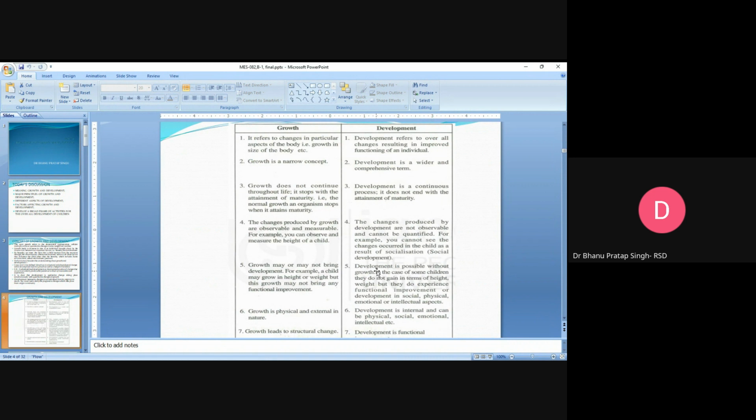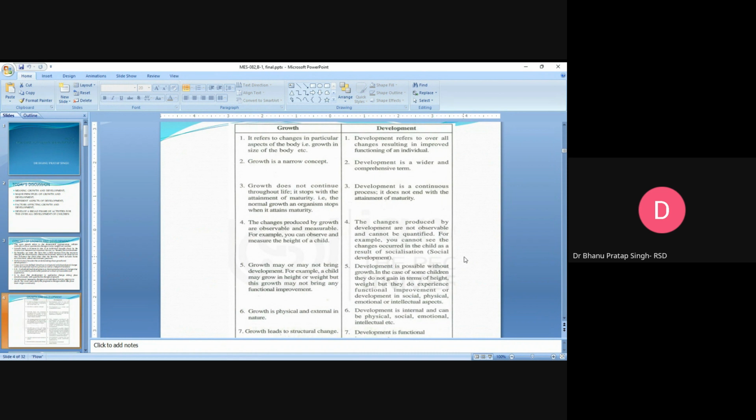You may see that a person is very small, but has more development in terms of knowledge and behavior. In the case of some children, they do not attain height and weight, but they do show functional improvement in social, physical, emotional, and intellectual aspects.